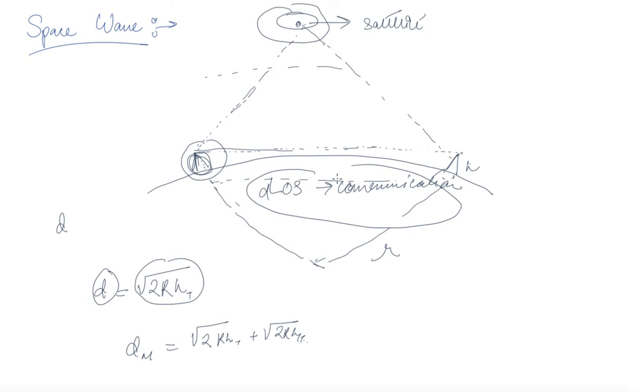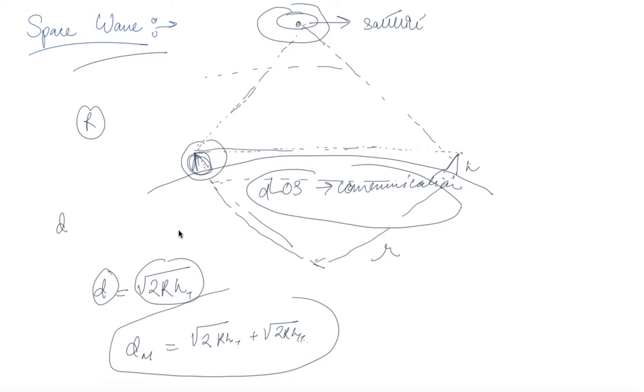So this is another way of communicating through space wave, and the maximum distance dm is given by root over twice r ht plus root over twice r hr.